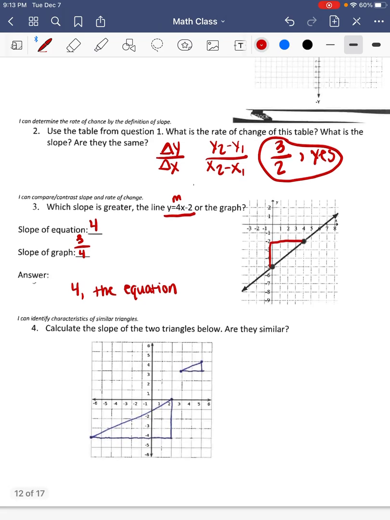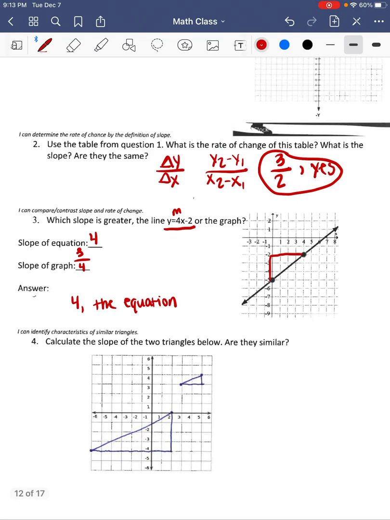Number 4 says calculate the slope of the two triangles below. Are they similar? So for the slope of the two triangles, we have to figure out our rise over our run. So of the bigger triangle, our rise is 4. 1, 2, 3, 4. For the run, it's 1, 2, 3, 4, 5, 6, 7, 8.